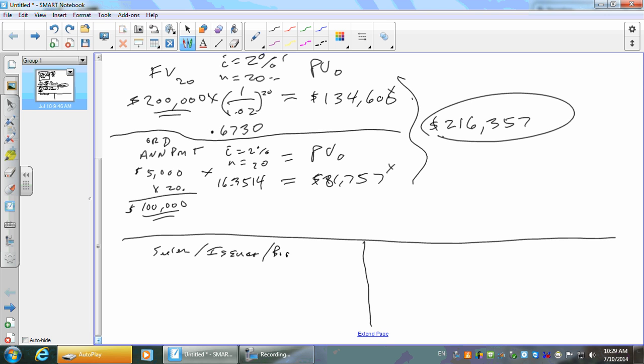Which side are we on? Lender's the one who gives us the money, right? Borrower's the one who gets the money. Seller gets the money. Issuer gets the money. Got the idea? Gets the cash. Excellent. So the other side would be what? I heard buyer. Lender, I heard. Good. And investor. Excellent. So if they give you any of those terms, don't let it bother you. That's what they are. It's business terminology, it's not accounting.